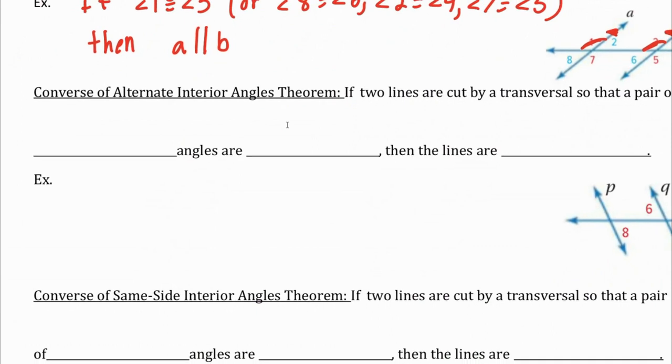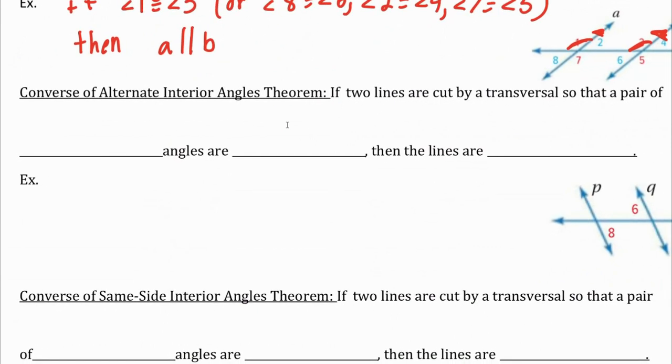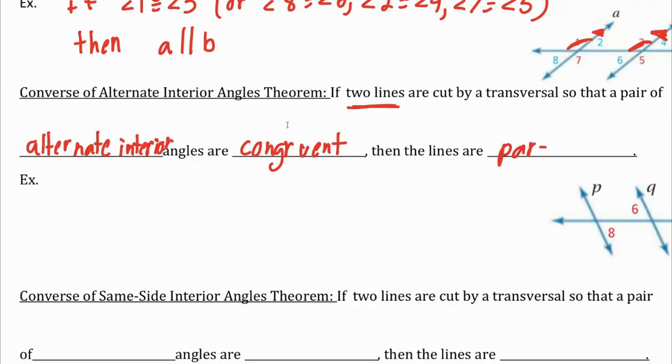Alrighty. We can do this with other angle relationships too. We have the converse of the alternate interior angles theorem. This says if we have two lines cut by a transversal, and note it didn't specify that these lines are parallel, that's what we're trying to prove, and we have a pair of alternate interior angles that are congruent, then we can say that the lines are parallel.